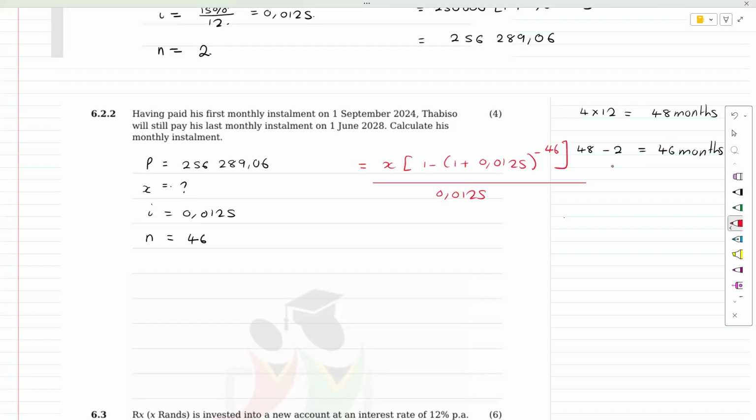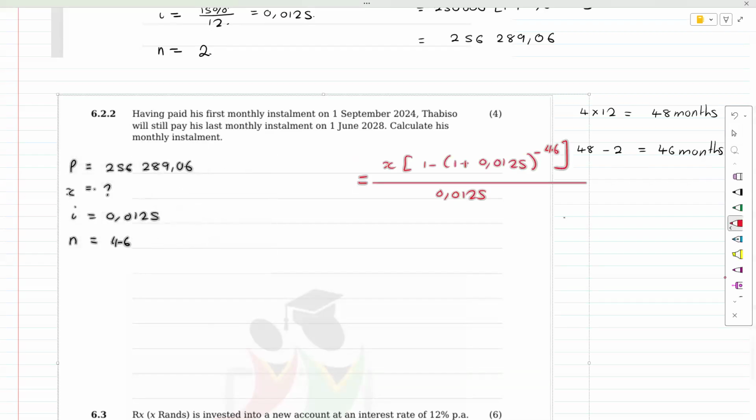Let's replace the P with 256,289.06. I kind of forgot to write the formula, but guys, don't forget to write the formula. Now, all we have to do is the algebra.